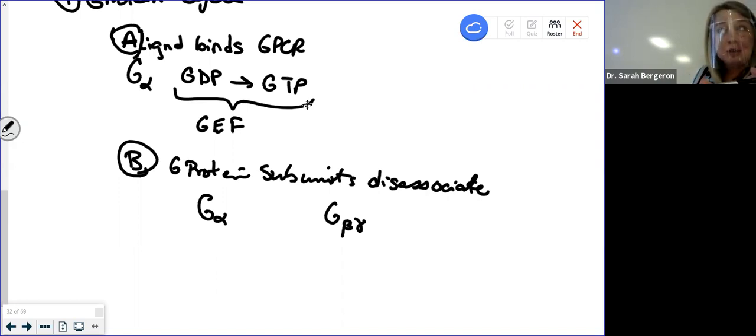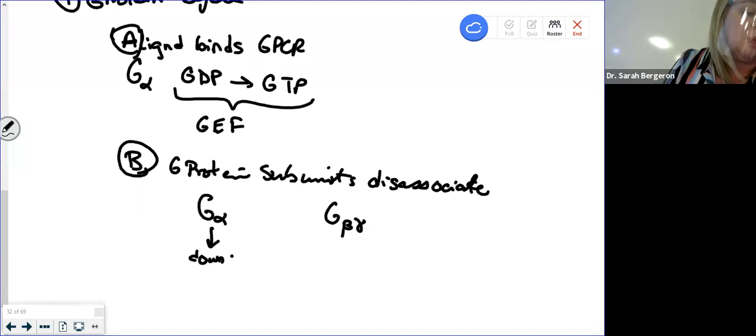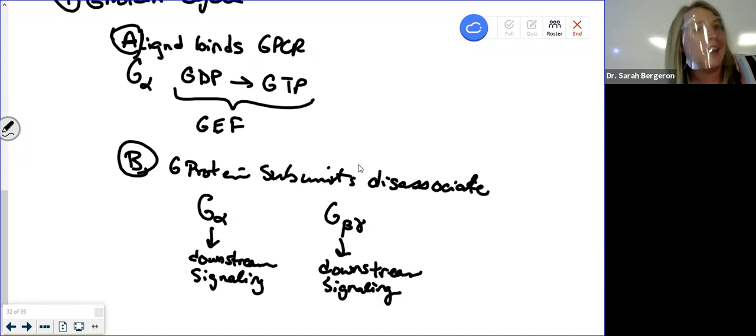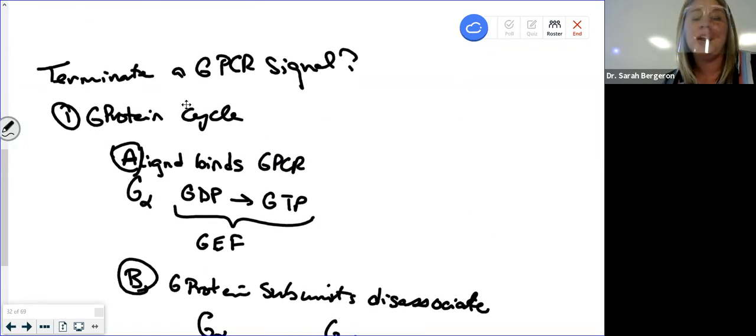Now that they're dissociated, they can induce signaling. We could go into extensive detail about that, but that's not what this is about today. We're just going to say downstream signaling, because what we're talking about right now is terminating the signal.